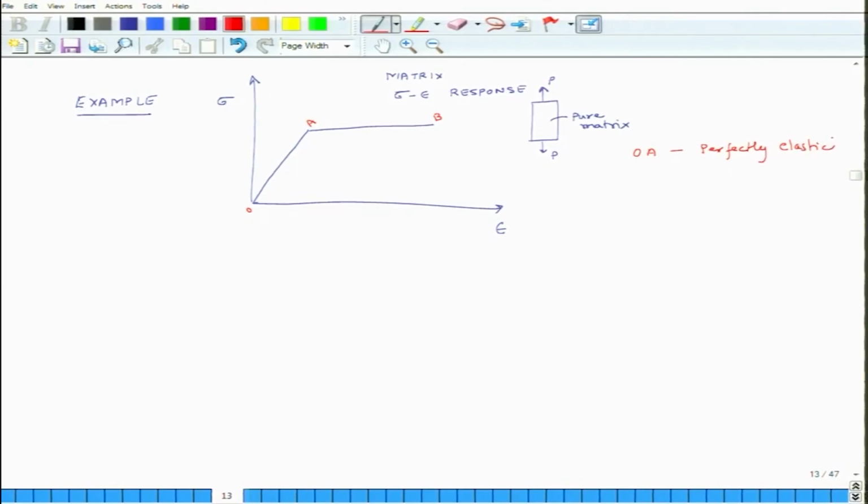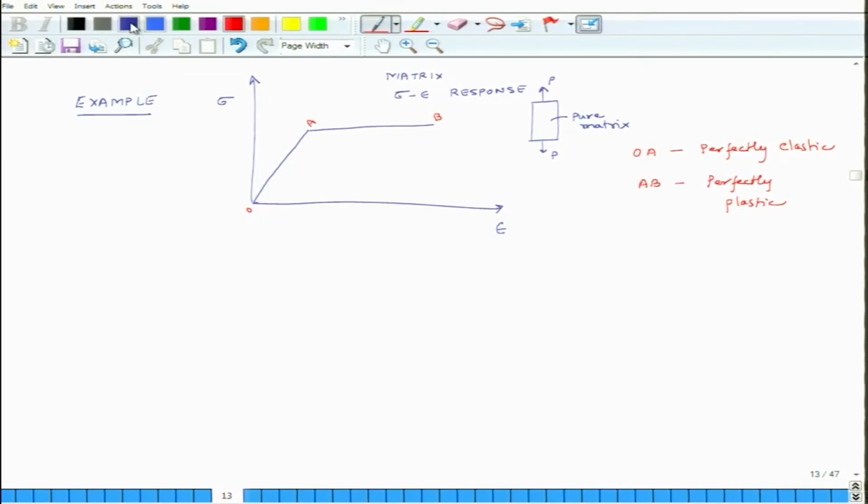If I release the strain at a point within the region OA, it will get back to its original zero position, and after A it becomes perfectly plastic. What does that mean? If I apply a strain more than the strain level at A, it never gets back to its original configuration, it holds that configuration.